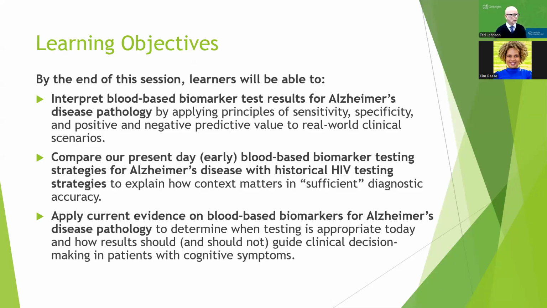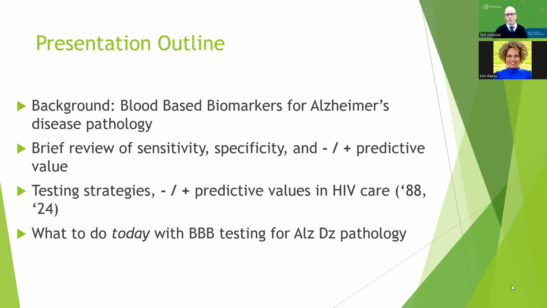We're going to compare our present early blood-based biomarker information to what you might call a historic cohort, looking at what's happened in HIV testing over at least 4 decades. And we're going to apply current evidence on blood-based biomarkers to determine which use cases might be appropriate for use of these. So here's the presentation outline.